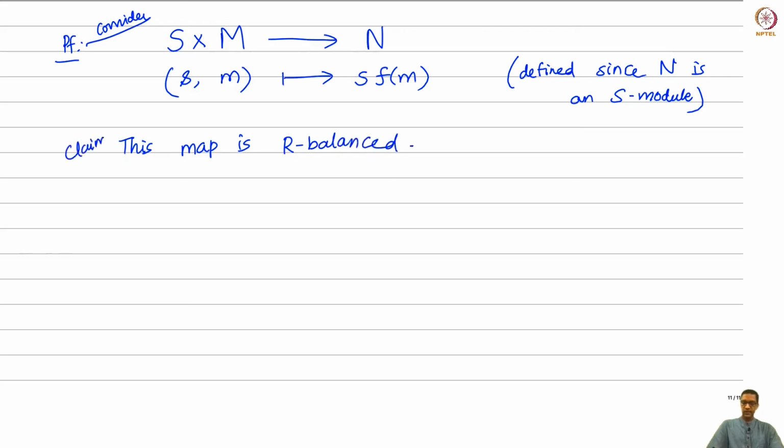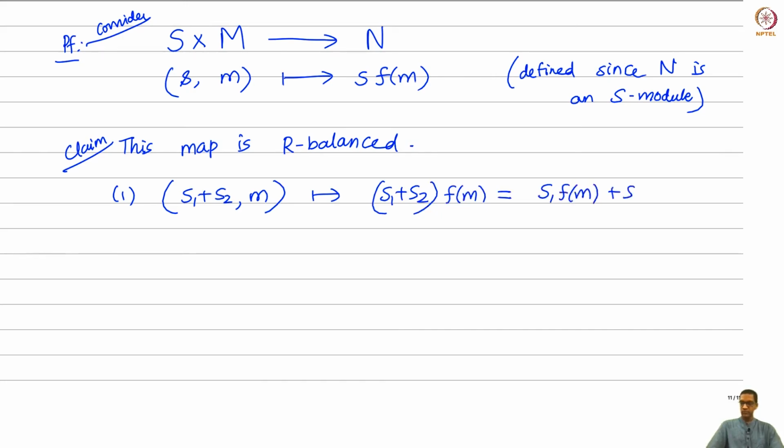Why is that? Well, property 1: if I take (S1 plus S2, M), that goes to (S1 plus S2) acting on Fm, but that will split into two because N is an S module, by the S module axiom.